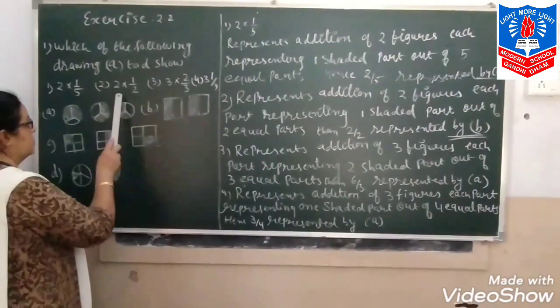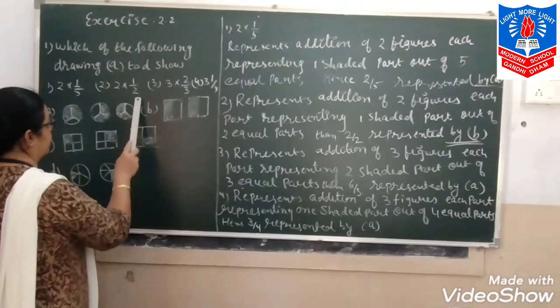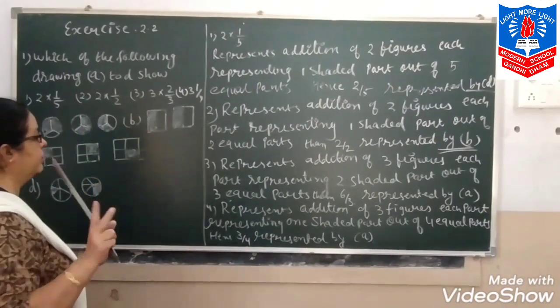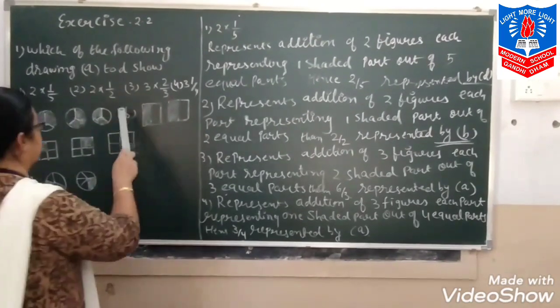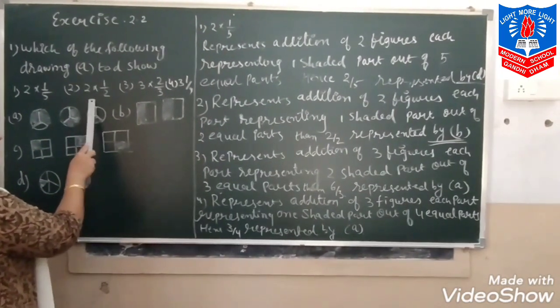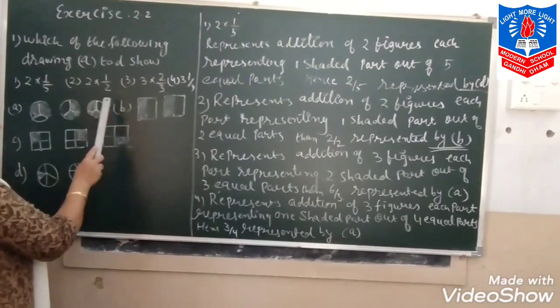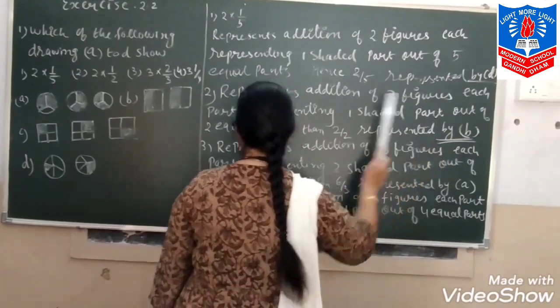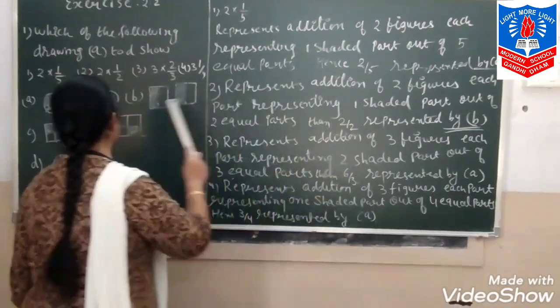Now come to the second. 2 multiplied by 1 by 2 represents addition. How many figures? 2 figures. Here are 2 figures, each with a shaded part representing 1.